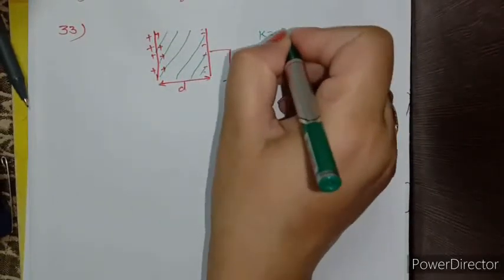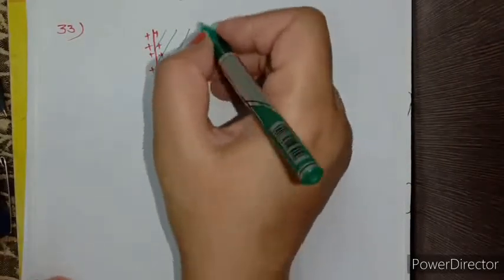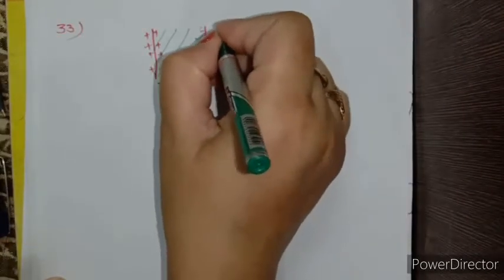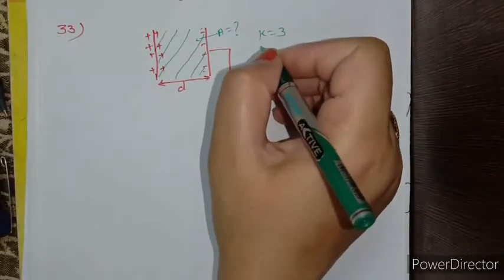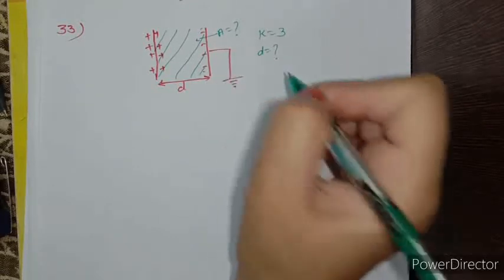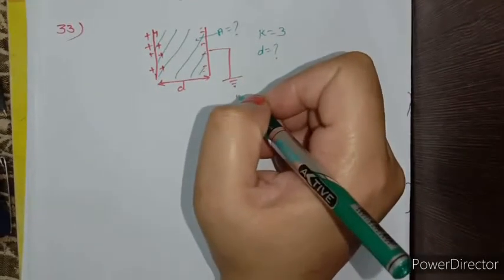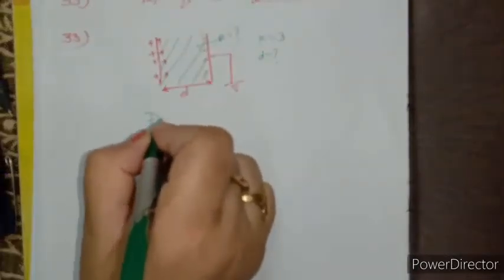Okay, K equal to 3, and the area of cross section we consider A, which we have to find, and D we also do not have.